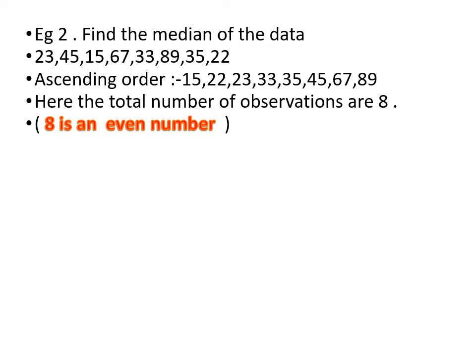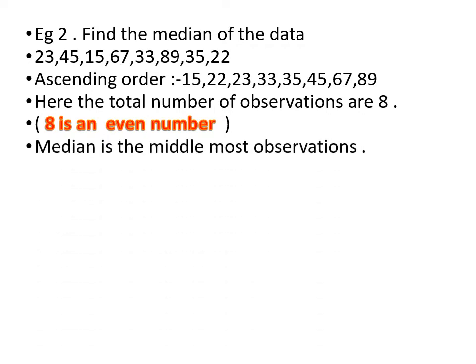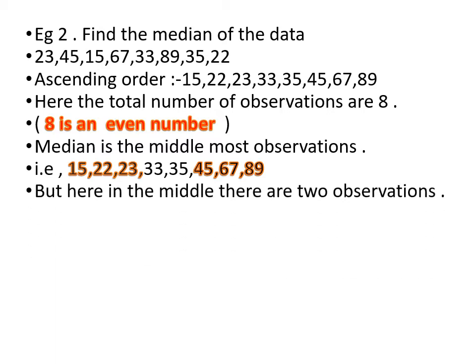Now here 8 is not the odd number, it is an even number. And we are aware median is the middlemost observation. So we have to arrange the numbers in ascending order, and then here we will find out, as our total number of observations is even, we will get here two numbers as the middlemost observation.